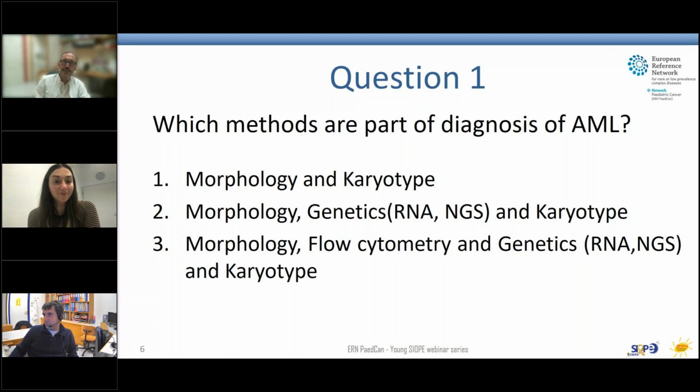Evangelia, you alluded to the fact that flow cytometry somehow describes the blast population even as securing the diagnosis, but morphology is really still a mainstay to describe. But for which details will we always need flow cytometry?